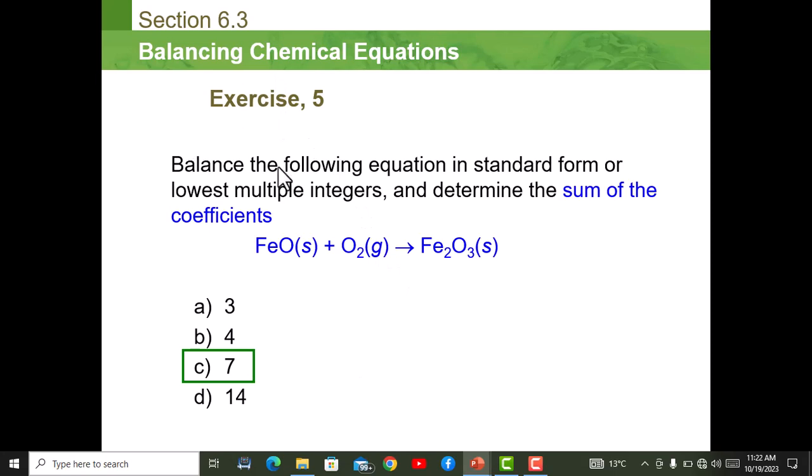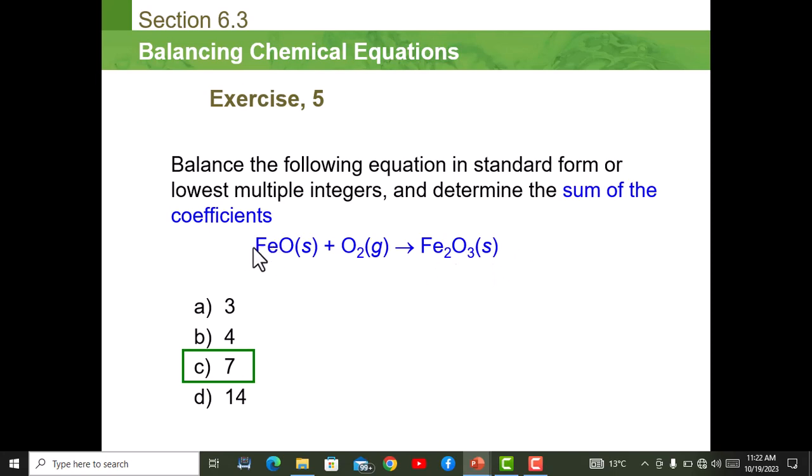Okay, balance the following equation in a standard form or the lowest multiple integers and determine the sum of the coefficients. Okay, that is fine. So we have iron and oxygen gas giving you iron oxide as a solid.